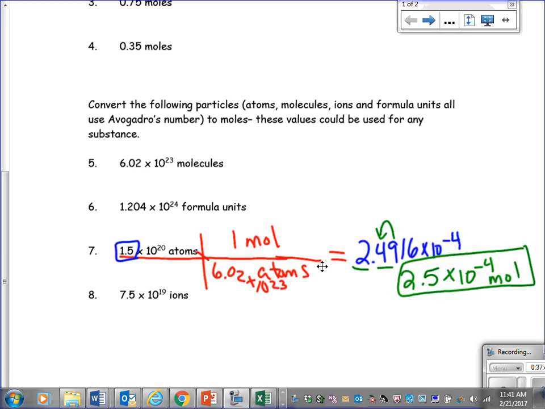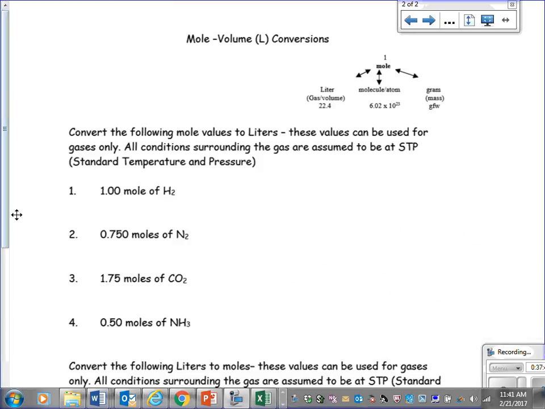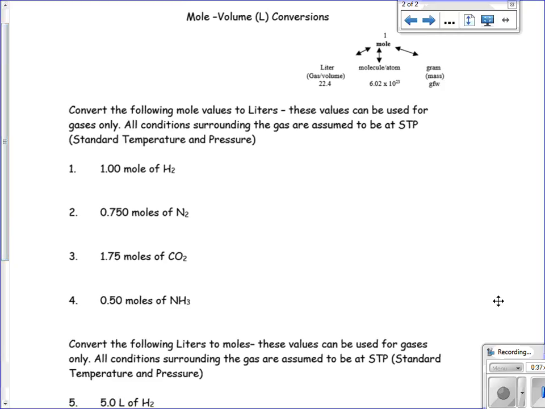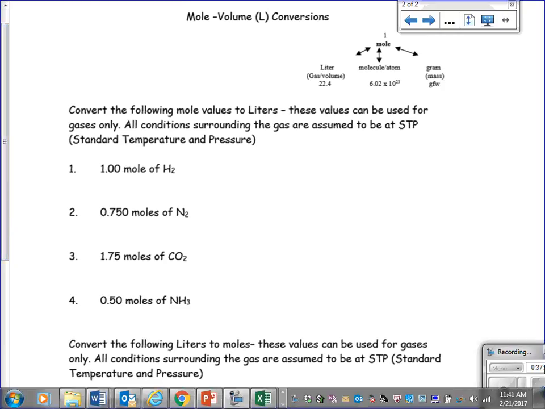Alrighty, now we're going to go to page 2 and look at our gases. So looking here for the gases. What is the magic number for any gas at standard temperature pressure?